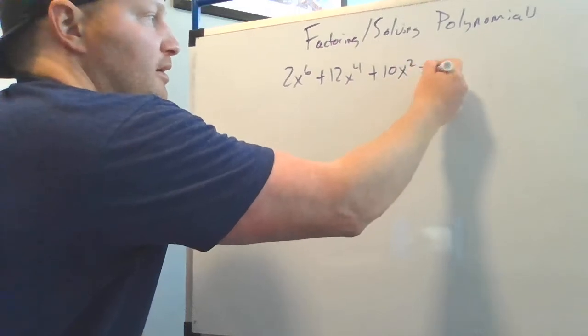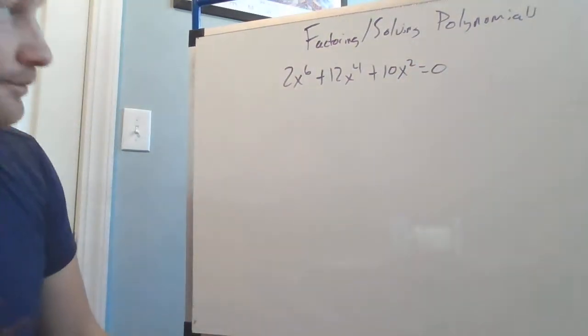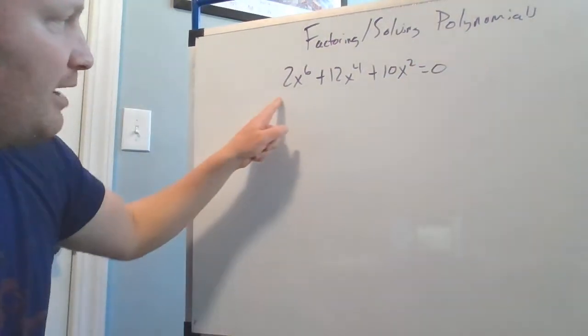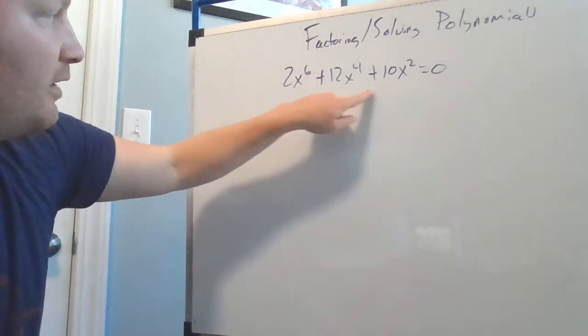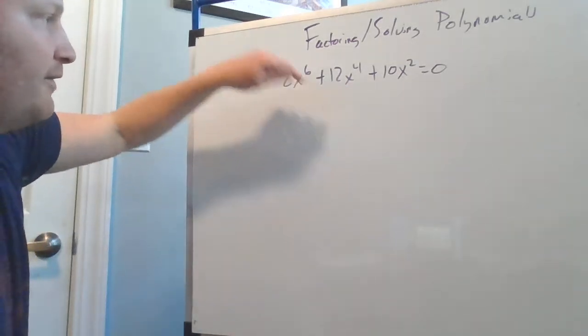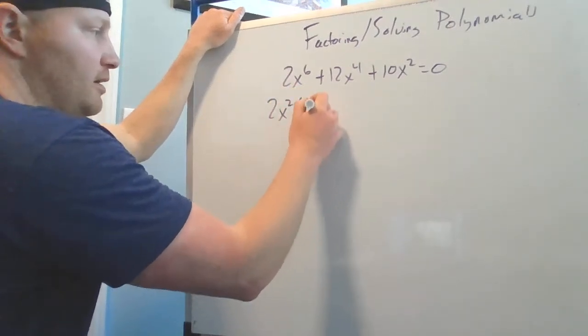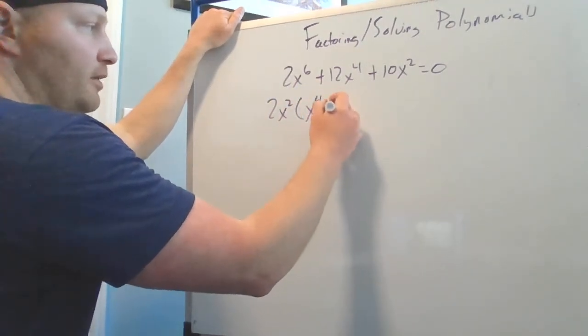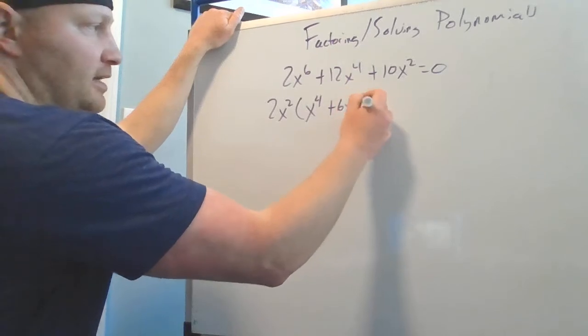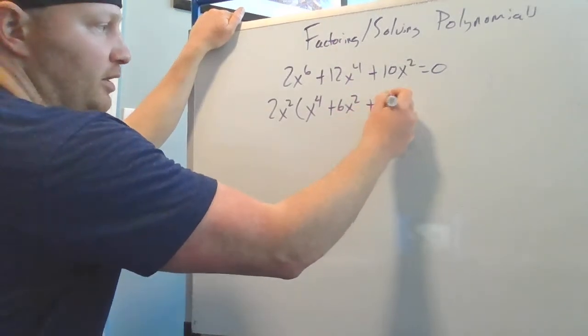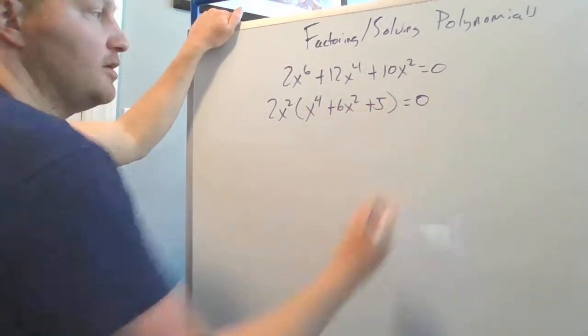Plus 10x squared equals 0. All right, well, let's factor out our GCF of all 3 of these terms. They're all even, they all have an x. So let's factor out a 2x squared. So now I'm left with x to the 4th plus 6x squared plus 5 equals 0.